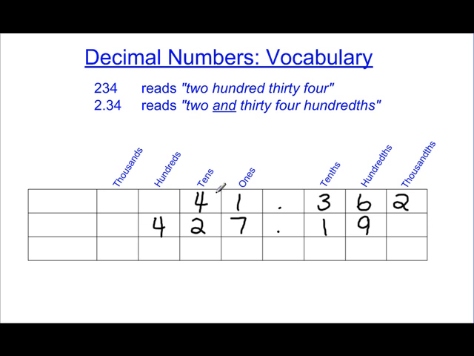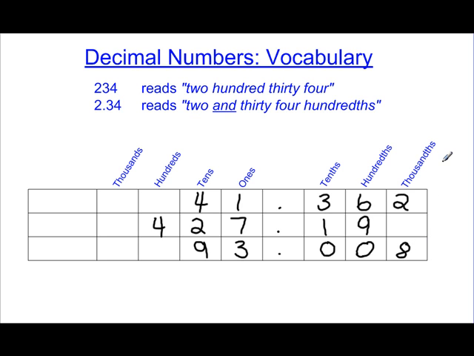I used hundredths because the smallest decimal place value in the number was in the hundredths column. Last example. 93 and 8 thousandths.